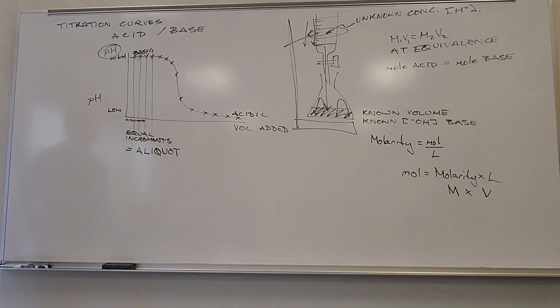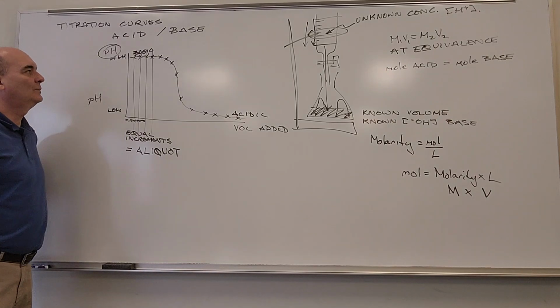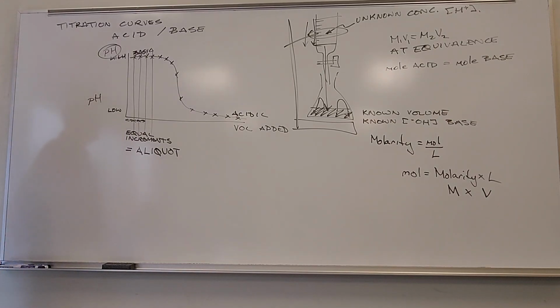So if you're doing this by hand, even though we have the automation of pH probe, you'd say maybe every half milliliter of added acid, I'll pause and measure the pH.